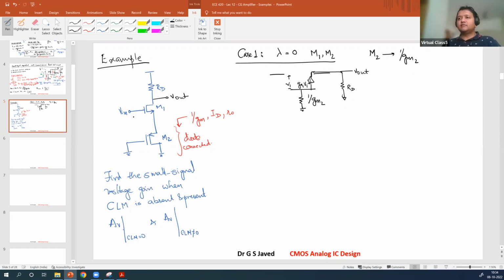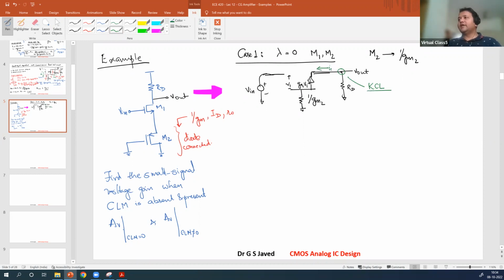Input is connected at this place, V in, right? What are the two things that we can do analysis wise? We'll first apply the easiest one to do, KCL. What happens when you apply KCL here?